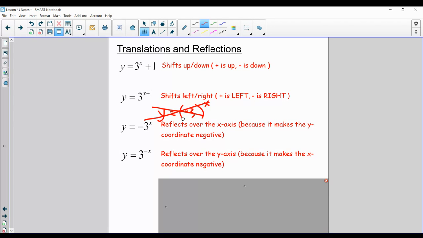Now, you're going to be able to use Desmos to guide you along with this. It'd be nice to know these facts, but if you get confused on any of them, then Desmos would be your way to go. So let me show you what each one of these will look like. These are all based off of the original function of y is equal to 3 to the x. You'll notice that I graphed that along with each one of the new functions.